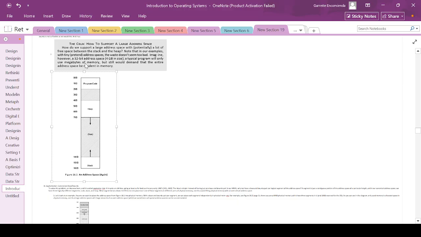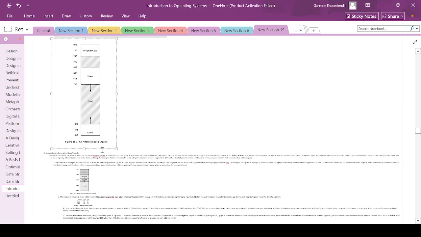Imagine a 32-bit address space, 4 gig in size. A typical program will only use megabytes of memory, but would still demand that the entire address space be resident in memory. So here is an example of that, an address space again.